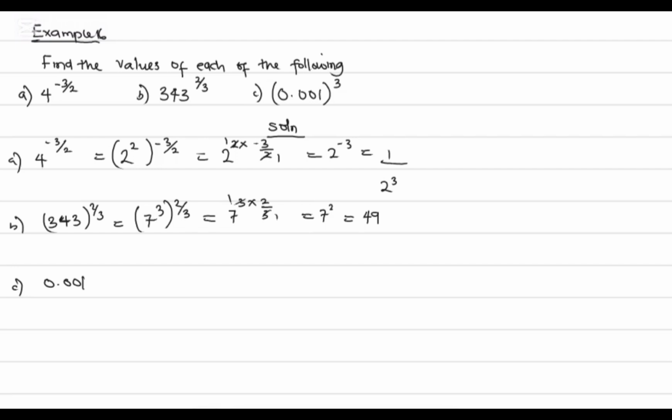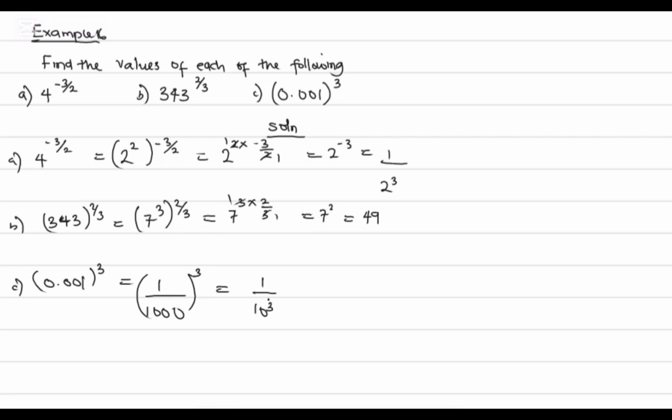And then lastly, for the C, 0.001 raised to power 3. Quite an interesting one. Convert to fraction first. That is 1 over 1000, then raised to power 3. So you must learn to convert decimal to fractions. So this can be written as 1 over 10 raised to power 3, since 1000 is 10 raised to power 3.